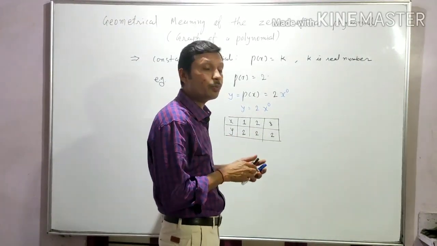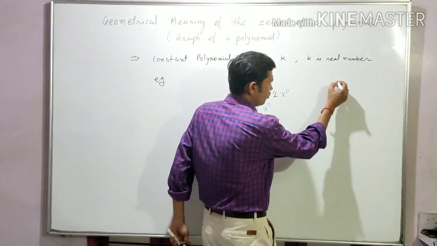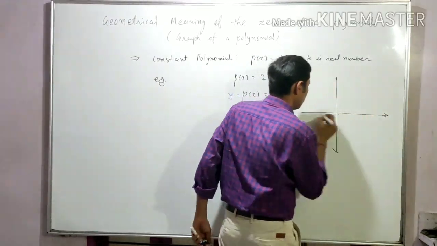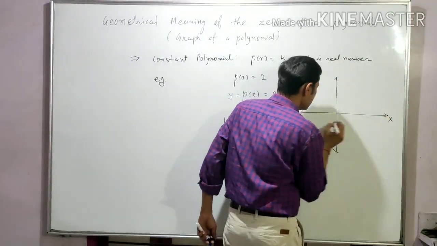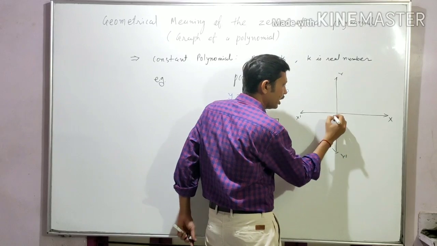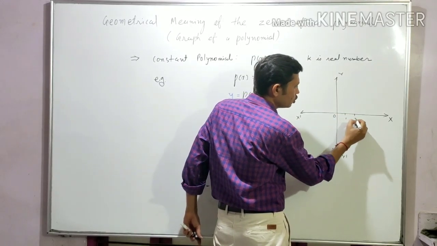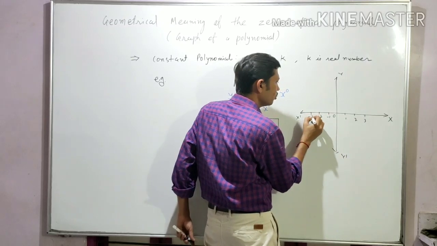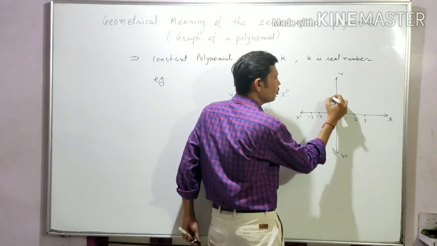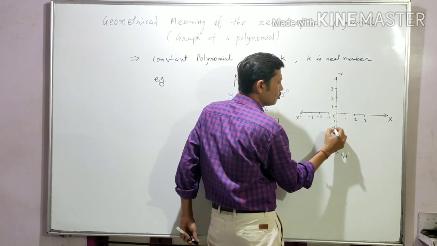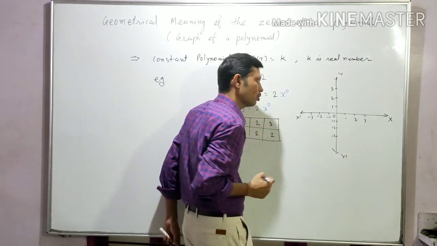Okay, so when we plot a graph, suppose x-axis is x dash, y, and the bottom side y dash, and it's 0. So 1, 2, 3, minus 1, minus 2, minus 3, plus 1, plus 2, and plus 3, and here minus 1, minus 2, and minus 3.